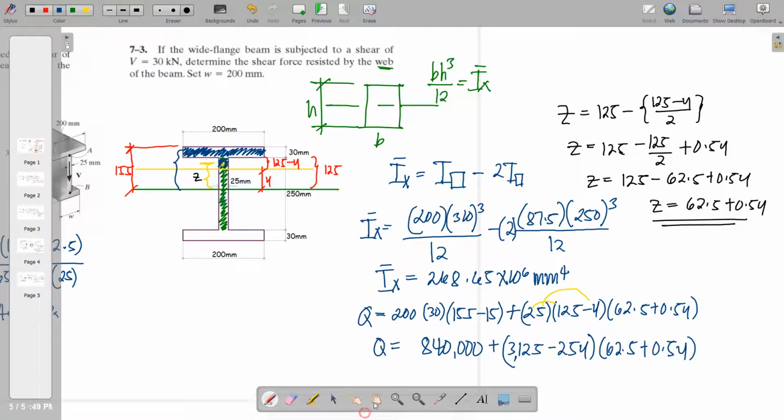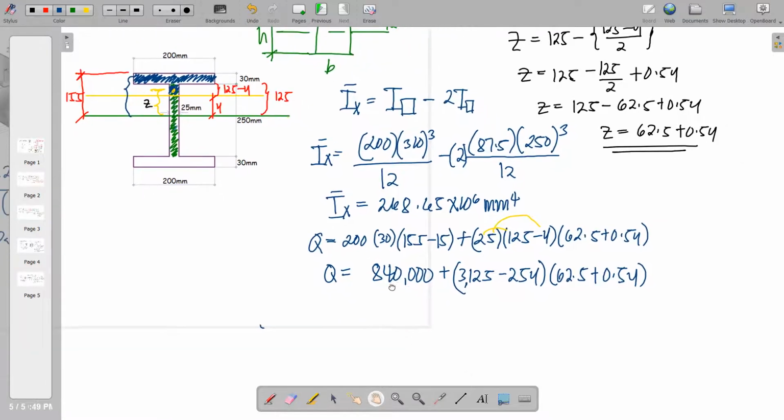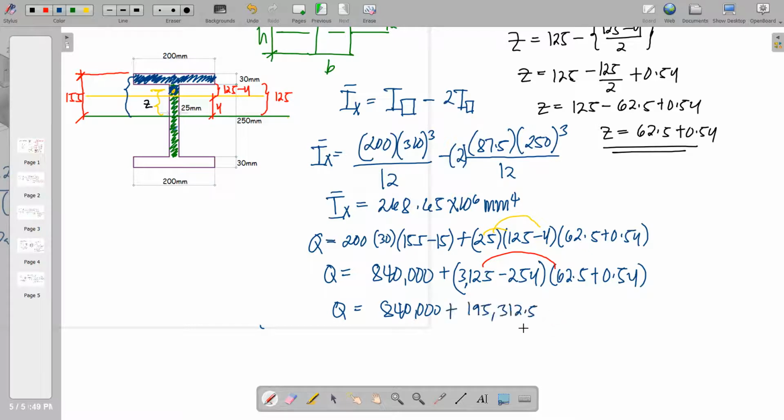Okay, so we apply the FOIL method to simplify this term. So we just copy that one, and then we multiply 3125 by 62.5. So we have 195,312.5.